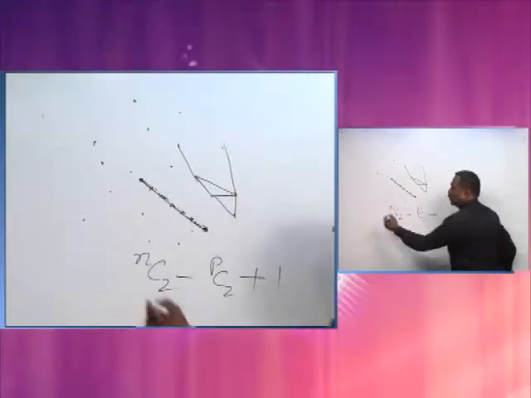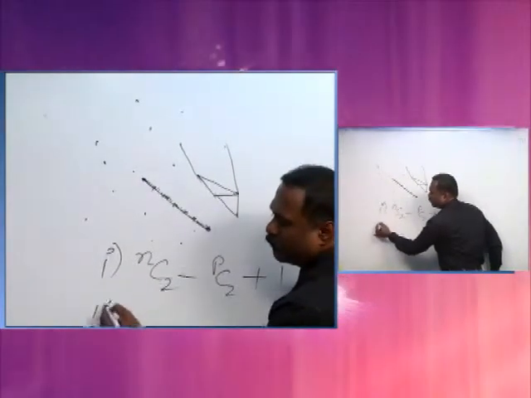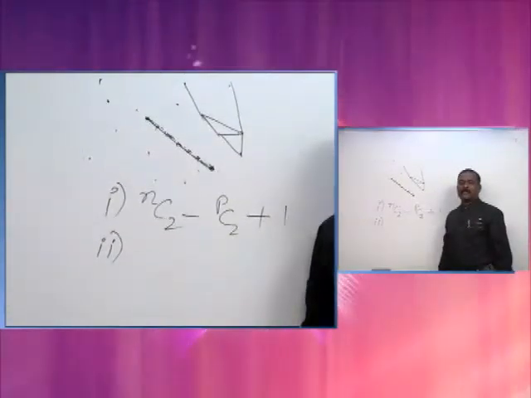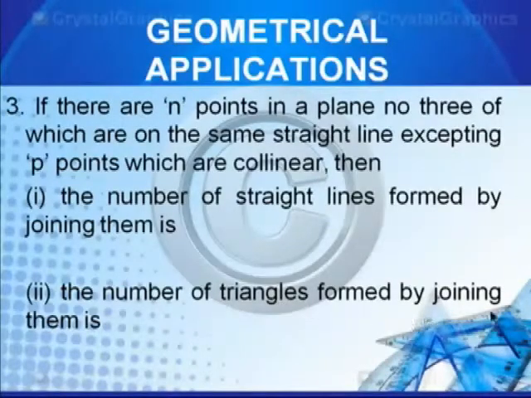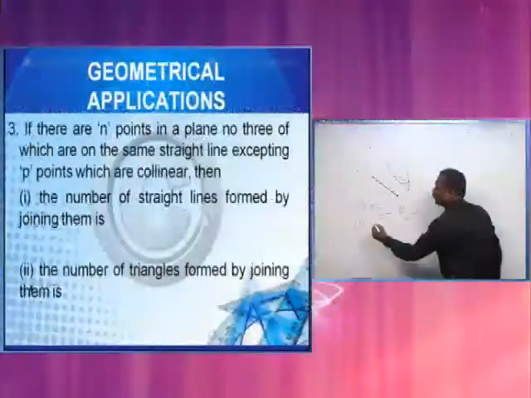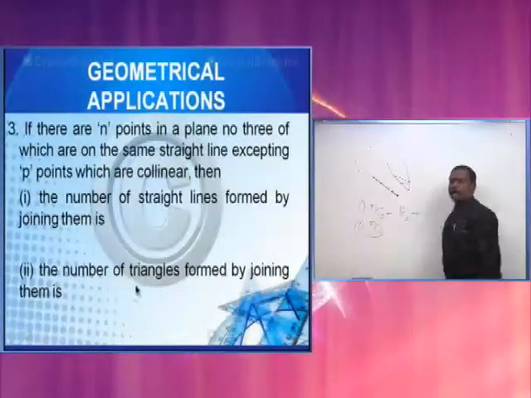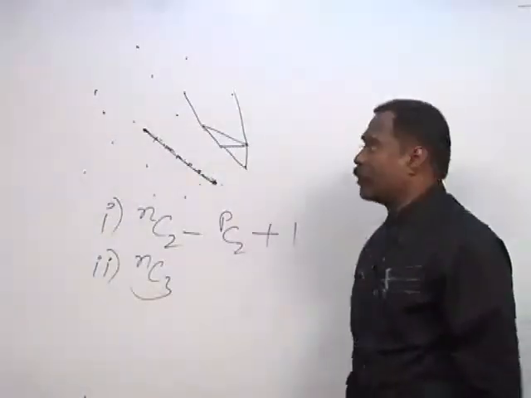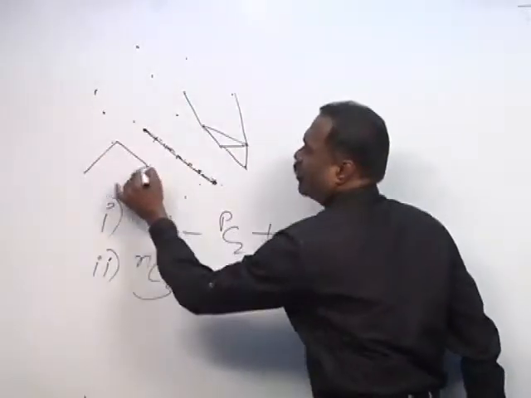Understand? So similarly, number 2, the number of triangles formed by joining them. To form a triangle, nC3, you know that, because to form a triangle how many points do we need? 3 points we need.